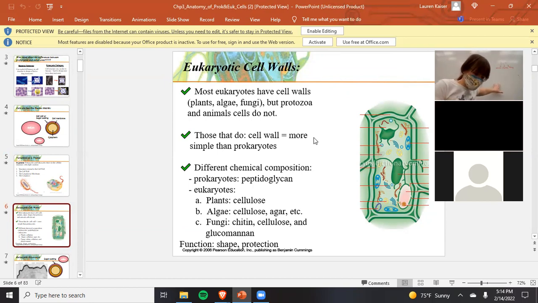Because all of these are multicellular, yes, all of these are multicellular. Then all we have left here is plus prokaryotes.